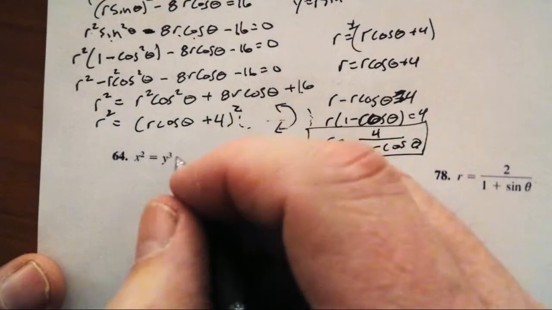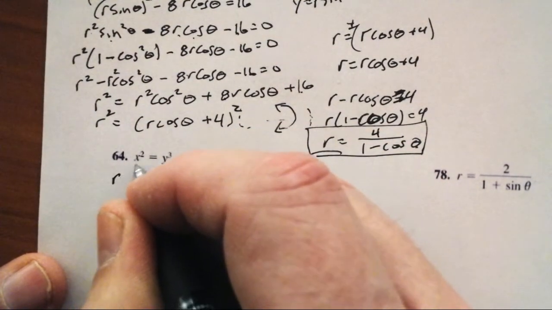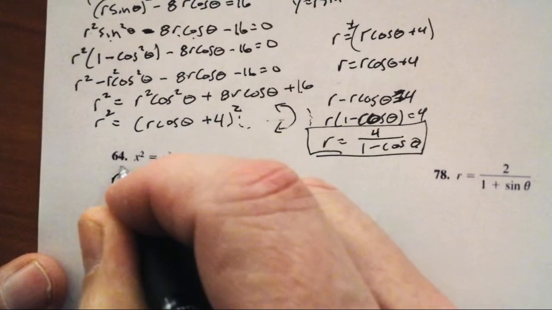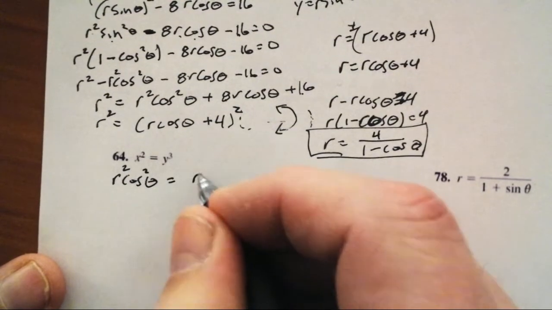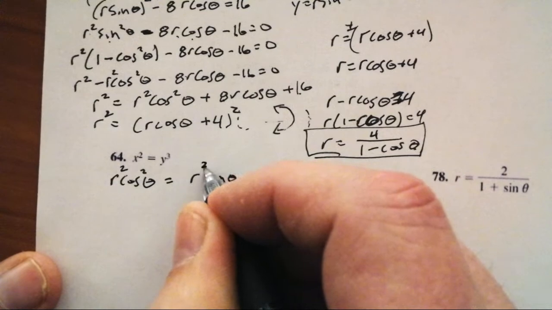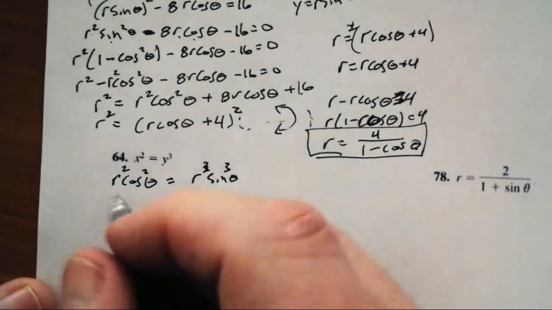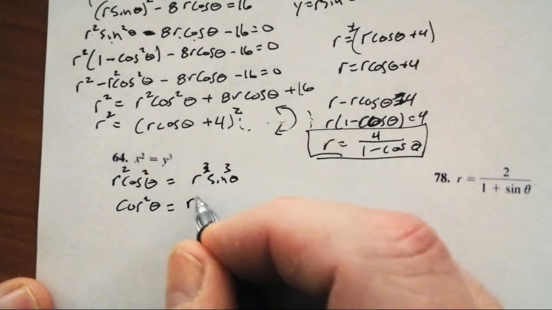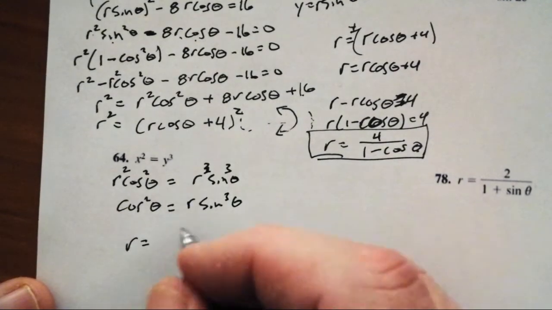We might do something like this. You can look back up above, x is r cosine theta, so this could be r squared cosine squared, equals y is r sine of theta, so this could be r cubed sine cubed. We can divide both sides by r squared, and I have an r sine cubed of theta. I can solve for r.